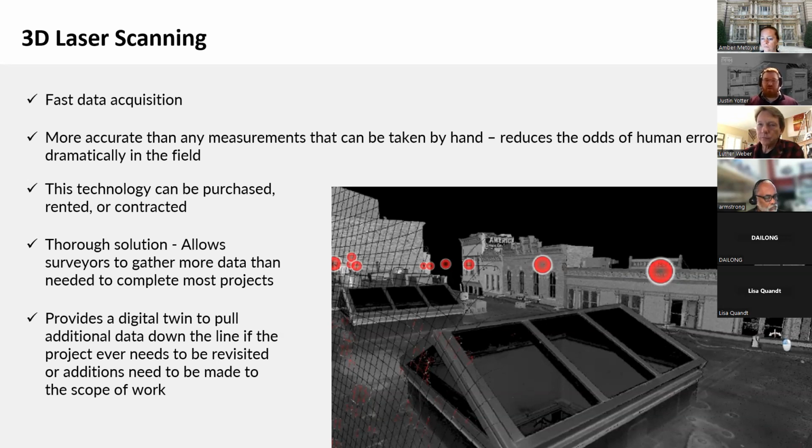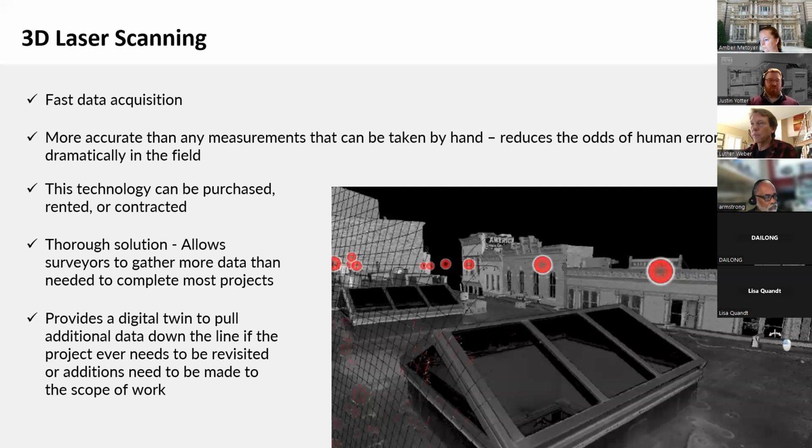So even though it may be difficult to transition, making the change to laser scanning as a survey method provides you with fast data acquisition. It's more accurate than any measurement that can be taken by hand. It also reduces the odds of human error dramatically in the field as a result. This technology can be purchased, rented, or contracted.